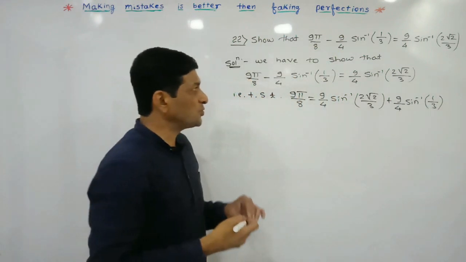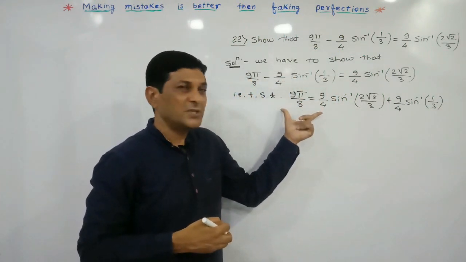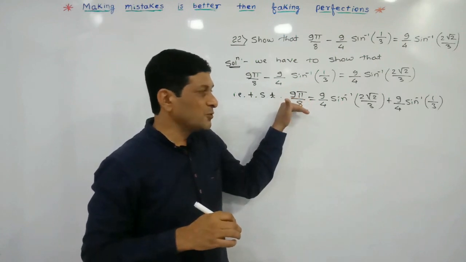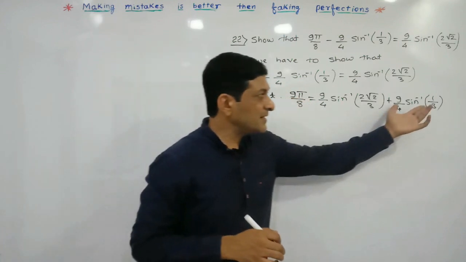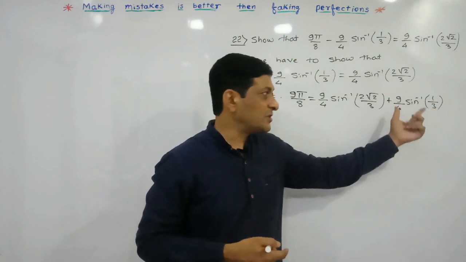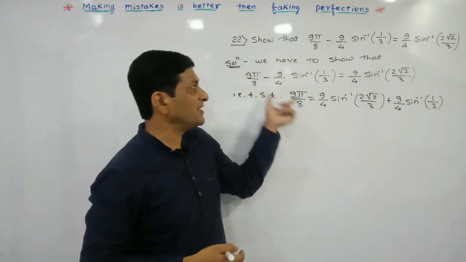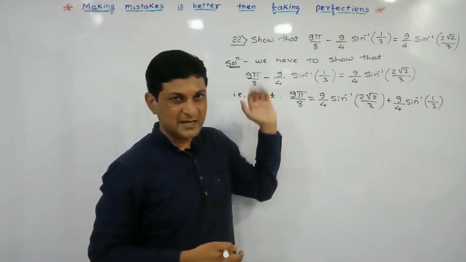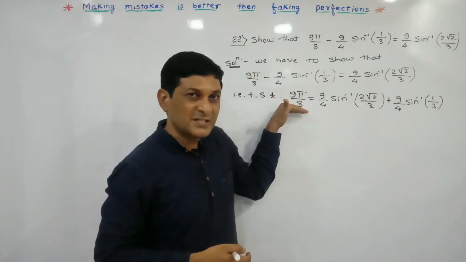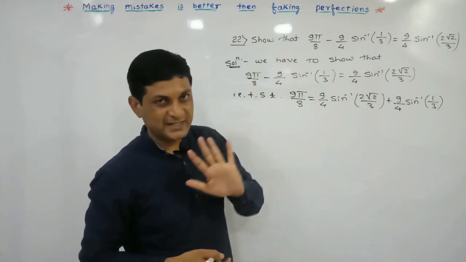So to show the original result, we have to show this result. If we are able to prove this result, then after interchanging the terms by transposition, the plus term taken to the other side becomes minus and we get the original result. So if we prove this result, indirectly we have proved the original one. Is it clear?